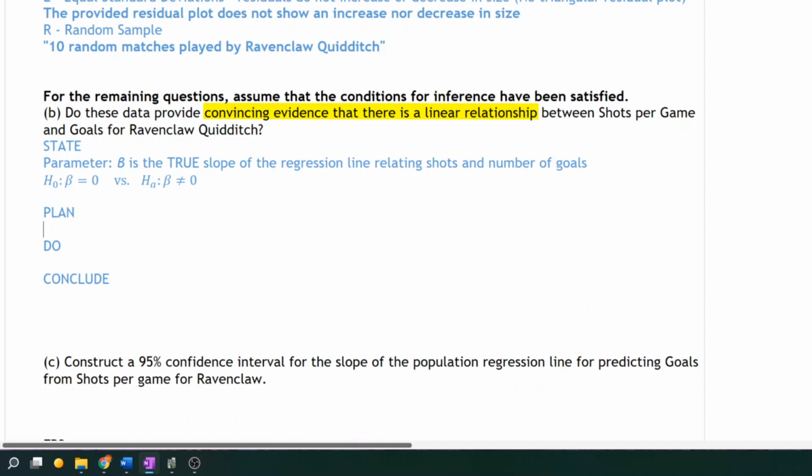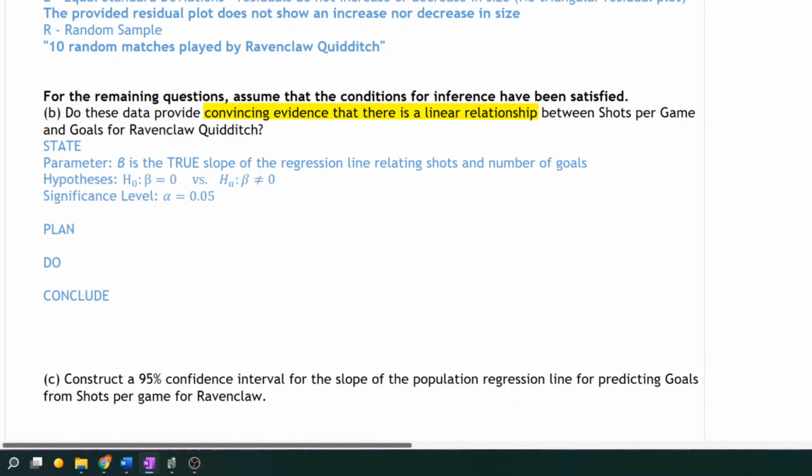For our hypotheses, we have beta equal to 0 versus beta not equal to 0. This is the correct set of hypotheses if we want to show that there is a linear relationship, never mind whether that relationship is positive or negative. We just want to know if there is one.